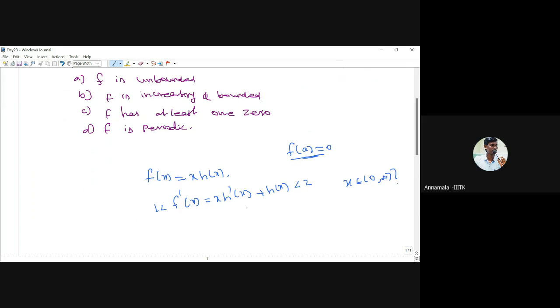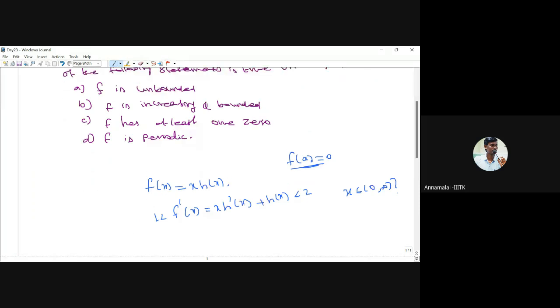So f cannot be bounded. For example, take the specific example of a multiple of x: 1.5 times x, where 1.5 is some constant. Now what is f dash of x?